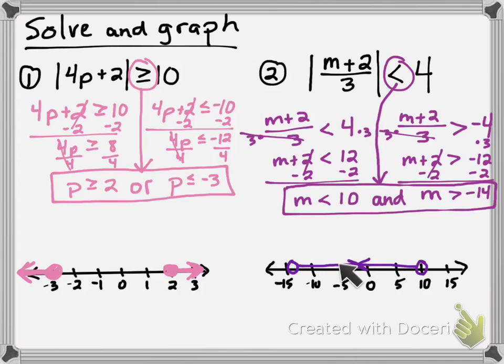Well, this arrow keeps going forever to the right, but over here, they're not overlapping. This arrow keeps going to the left, but over here, they're not overlapping. So I only keep what's in between those 2 points. So this is the solution and the graph for that absolute value inequality.